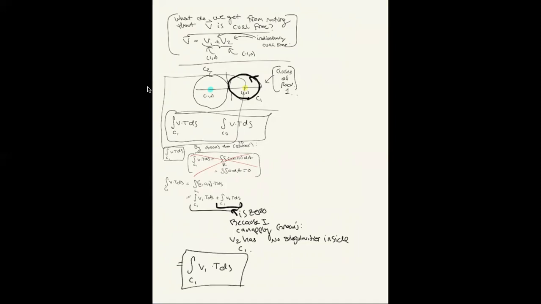So we can actually go ahead and start computing this by hand. The parameterization is r of t equals 1 plus cosine of t, sine of t, where t is from 0 to 2 pi. I'm going to have to move to the next page.